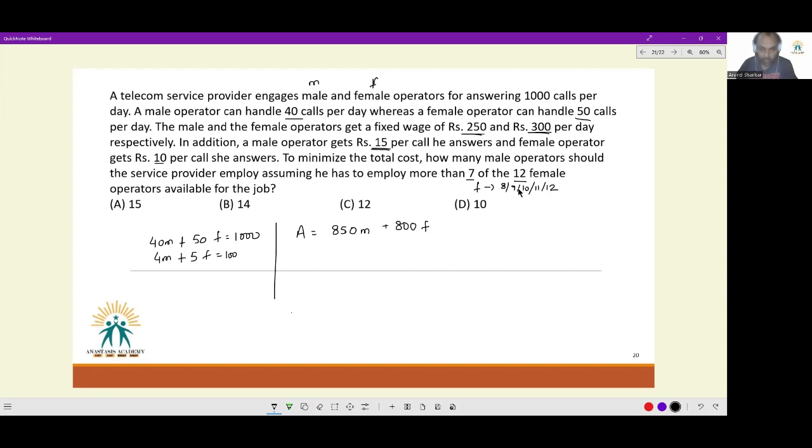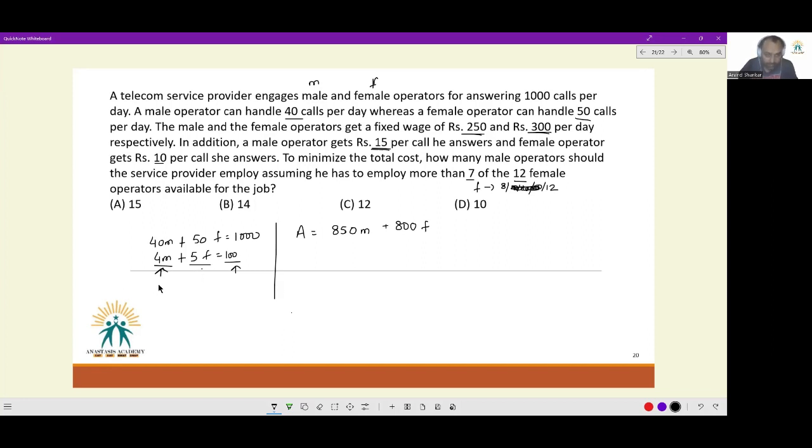Given that we already have the possible count of females within these options, one wonderful thing you can see. See, 4M and 100 are multiples of 4. So 5F should also be a multiple of 4. And among these, the only options that are multiples of 4 are 8 and 12. So I can happily go ahead and place that down.